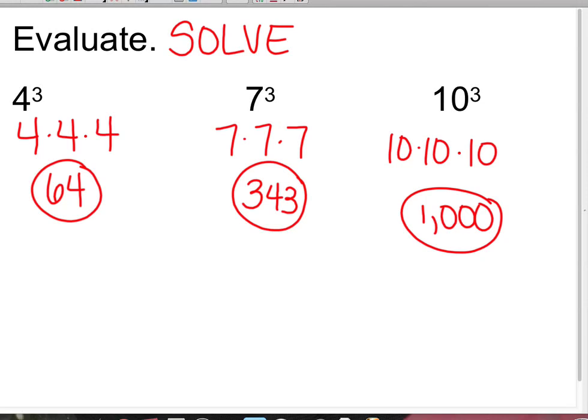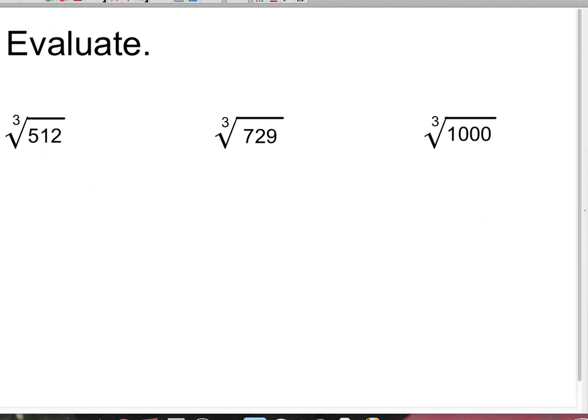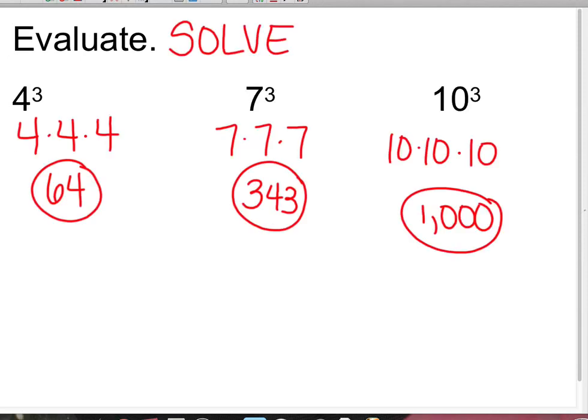A couple more. Let's work the other way. Let's find the cube roots. At this time, if you have a calculator and you want to try to experiment with it and get it to find a cube root for you, that's great. Otherwise, what you have to do is ask yourself, what number times itself 3 times brings you to 512? Well, I'm going to click back to our last page for just a minute. What did we get when we had 7 to the third power?